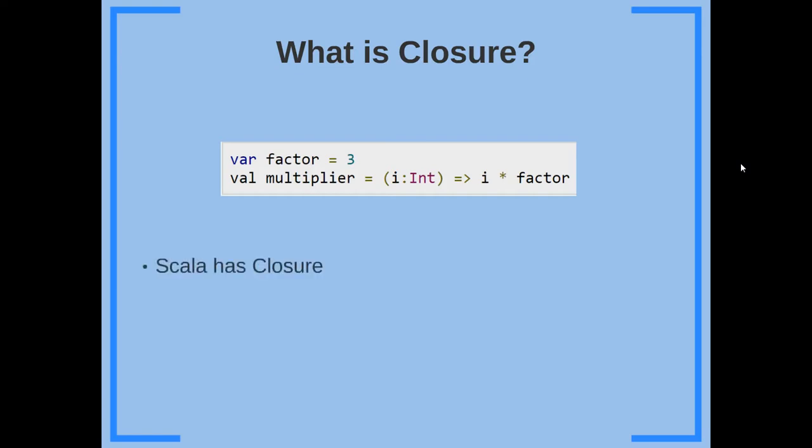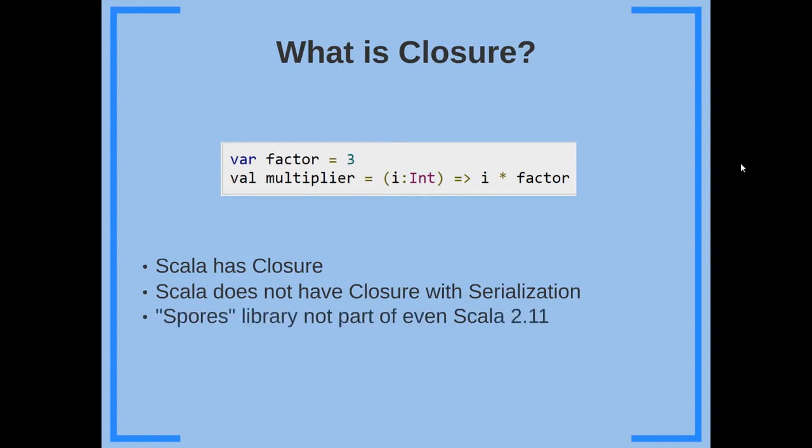Scala does do this. Scala has closure. But Scala does not have closure with serialization. Scala out of the box cannot create this closure and ship it out over the wire. Now there is a library out there called Spores. It was going to be included in Scala 2.11, which just came out.